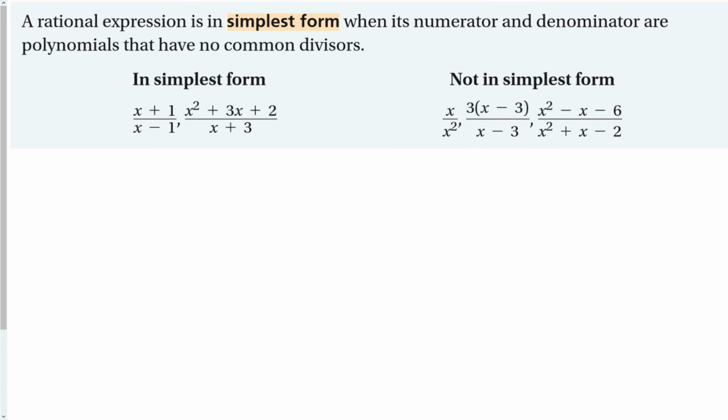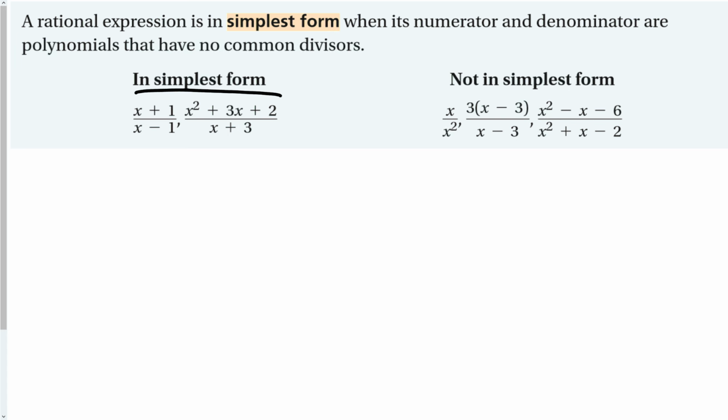We can take the same idea and reduce rational expressions to their simplest form. This is when the numerator and the denominator are polynomials that have no common factors. These two are in the simplest form because there's nothing to cancel.